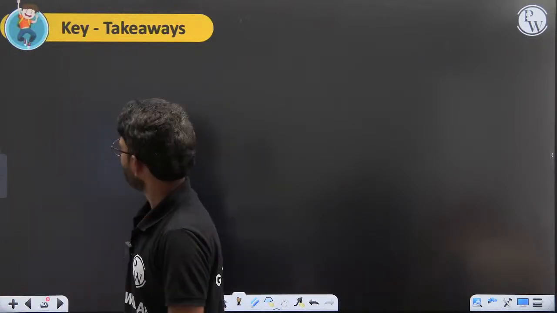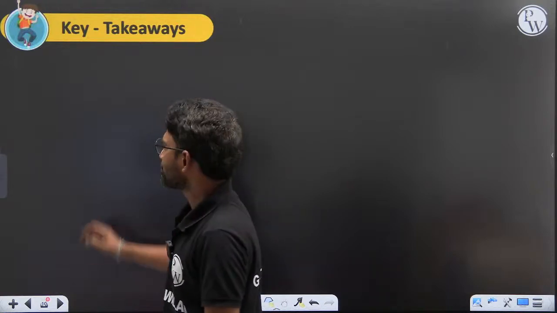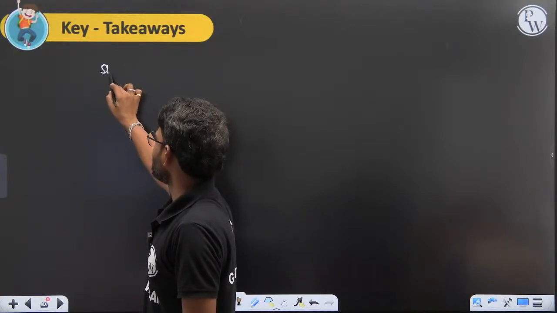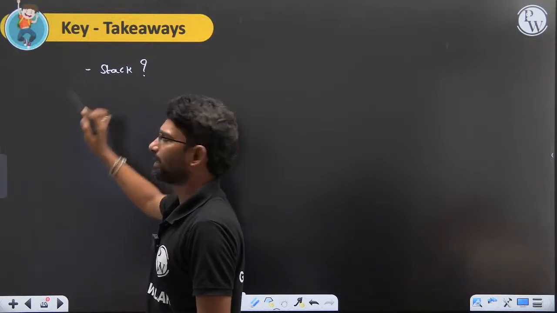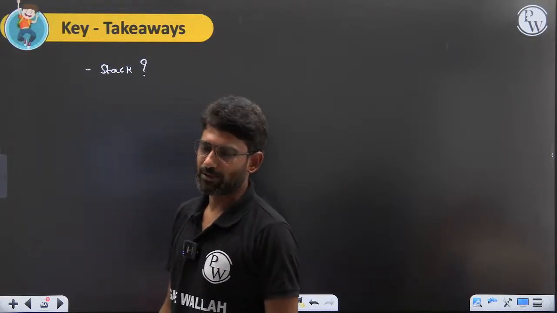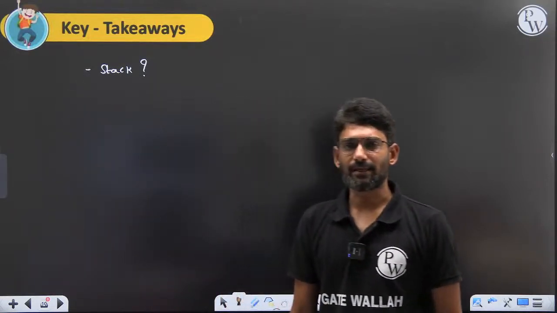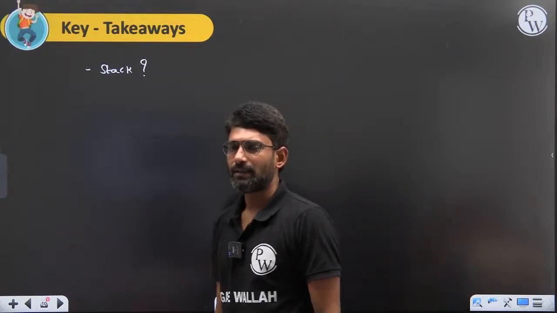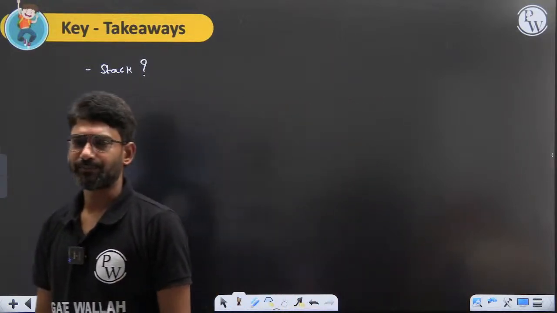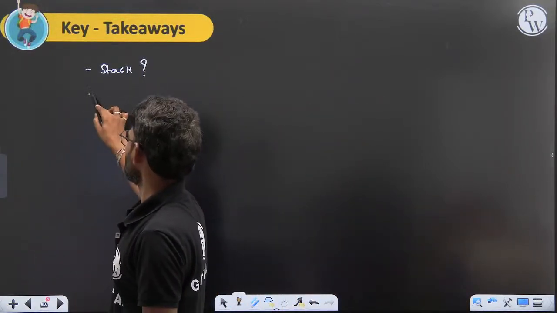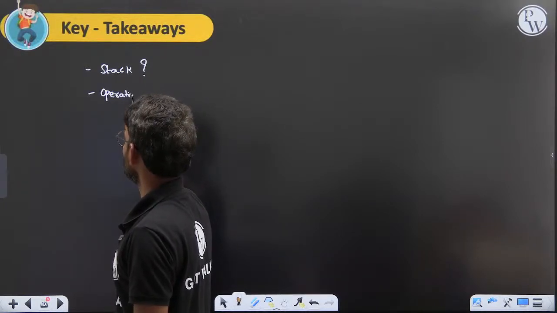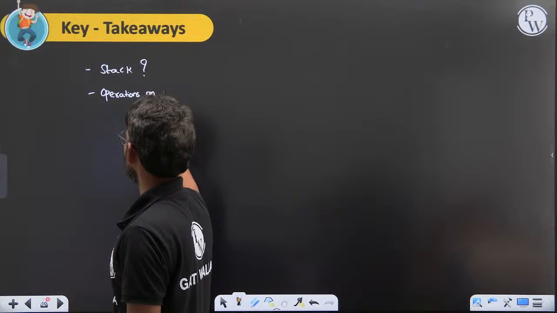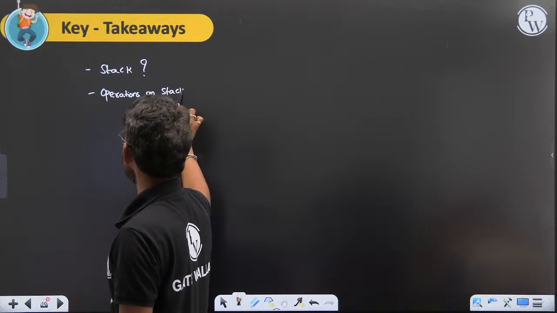So guys, today we understood what is a stack, which is a last in first out data structure in which the elements inserted recently will be removed first. And we understood what are the operations on stack. What are the operations on stack?